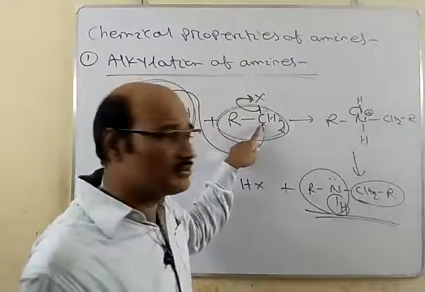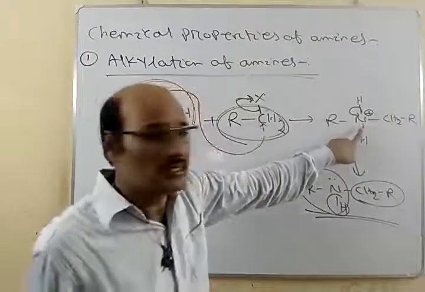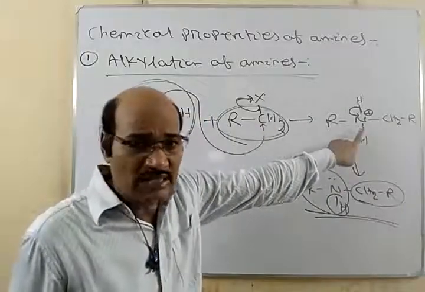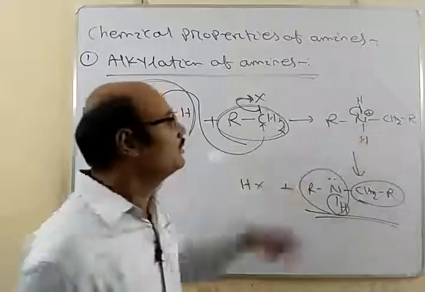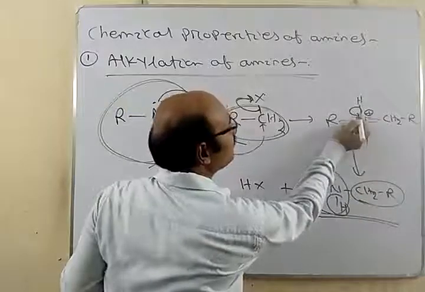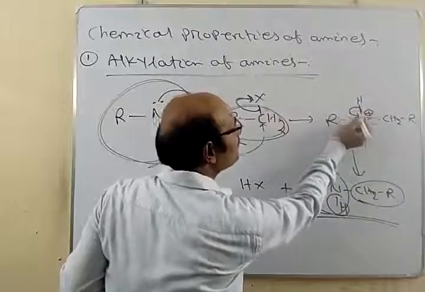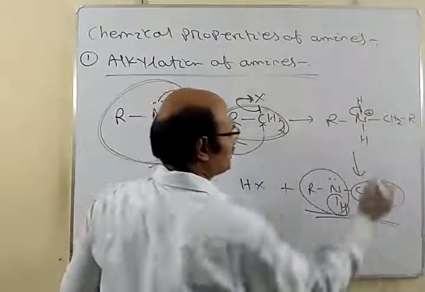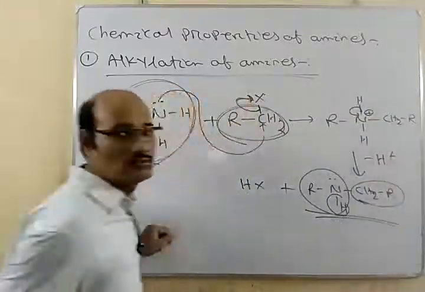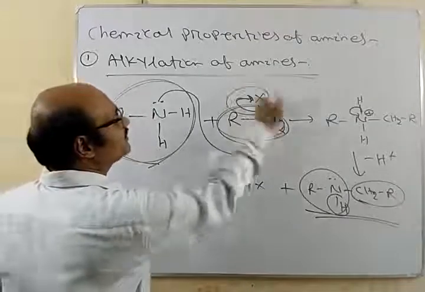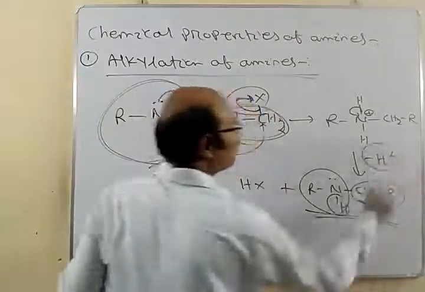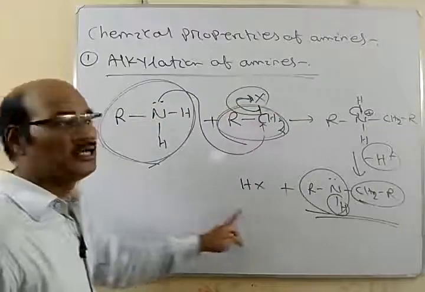Now this plus charge is on the nitrogen atom, making it unstable. So this nitrogen takes up the electron pair and releases a proton, H plus. Here we already have X minus and H plus, so they give HX.